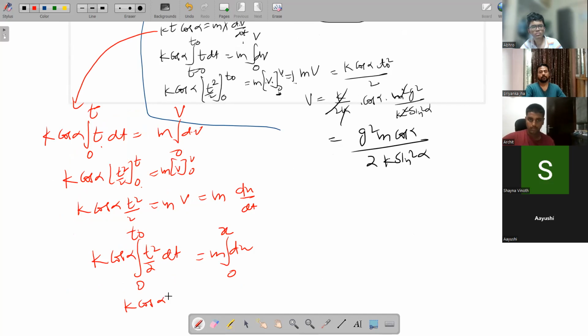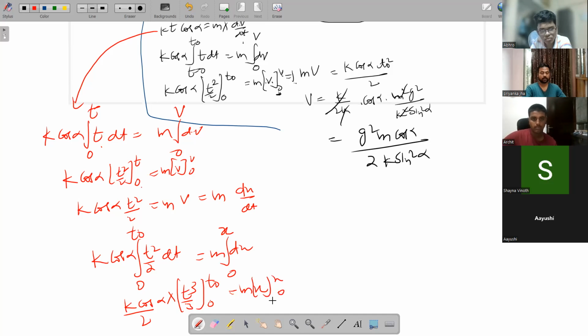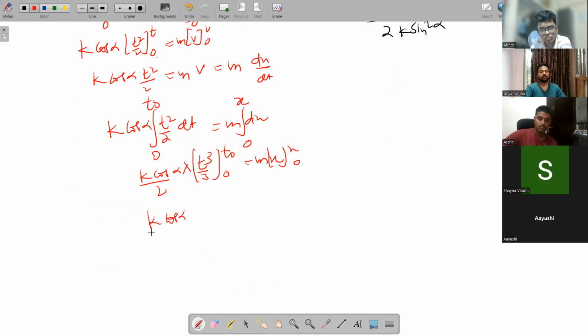So k cos alpha into, half will come out, t square, integration of t square is t cube by 3, upper limit t naught, lower limit 0. m into x, upper limit x, lower limit 0. Now you can see k cos alpha by 2 into t naught cube by 3 equals m into x.